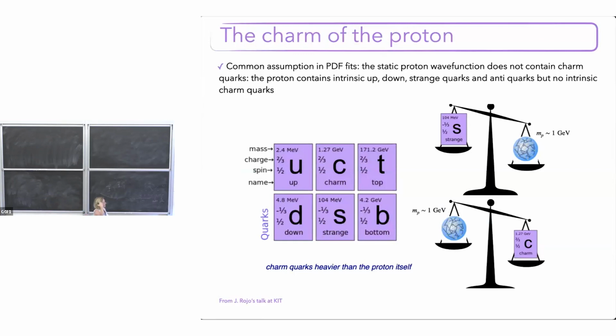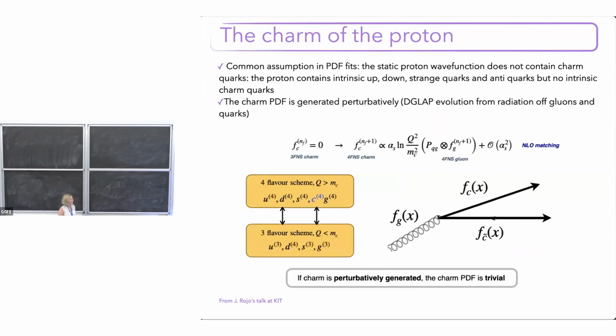So, the charm of the proton. The common assumption in PDF fits is that the static proton wave function does not contain charm quarks. So the proton contains intrinsic up, down, strange quarks and anti-quarks, but no intrinsic charm, because the mass of the charm is larger than the mass of the proton. So how do you produce it? You produce it dynamically through the gluon evolution.